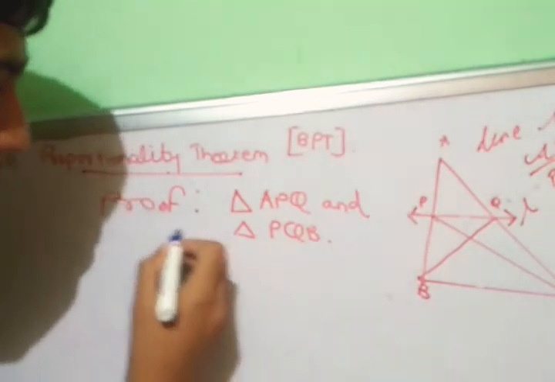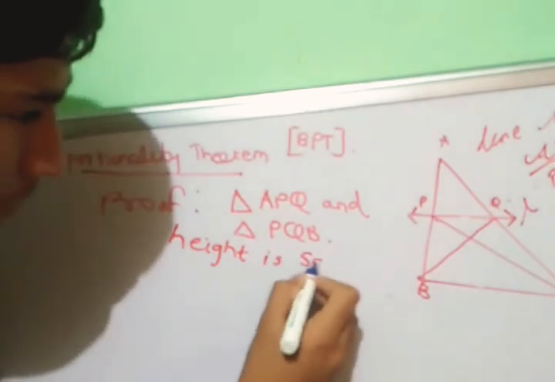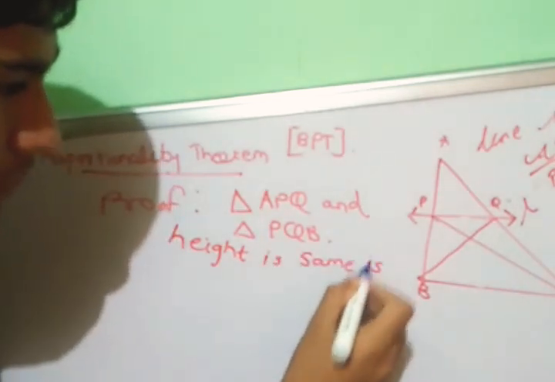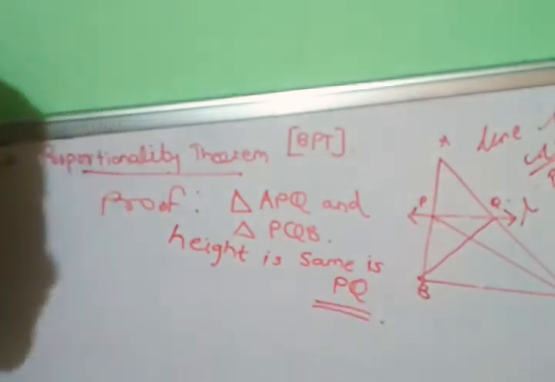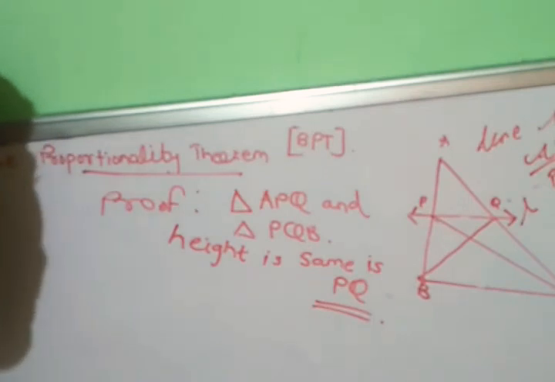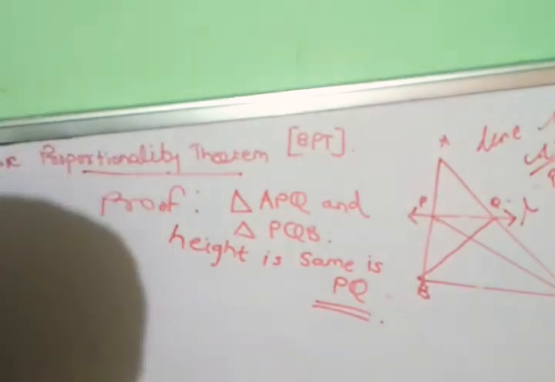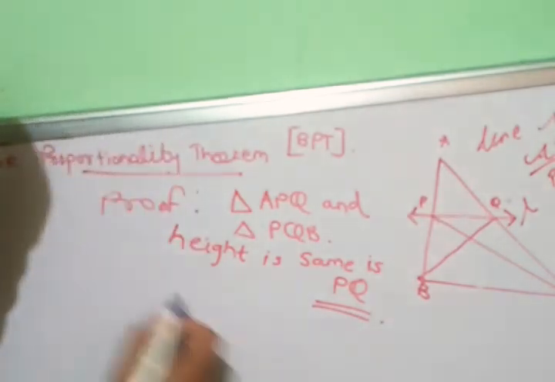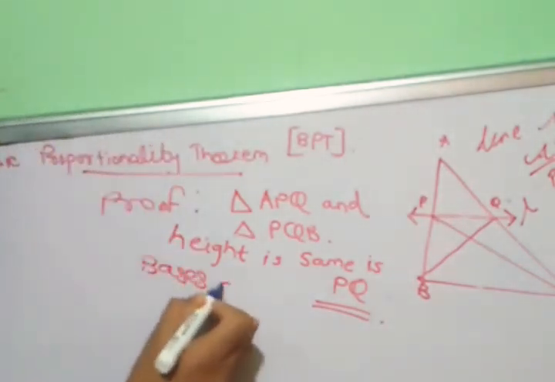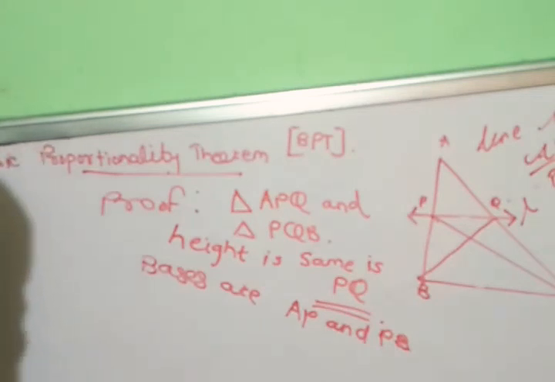This height is PQ. PQ is the height, which is the same in triangle APQ and PQB. And the bases of both triangles are AP and PB. So this is the first step.